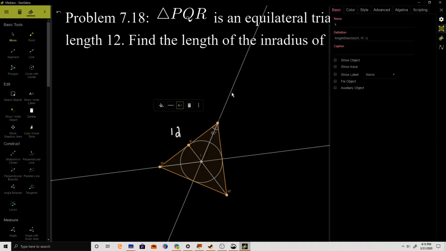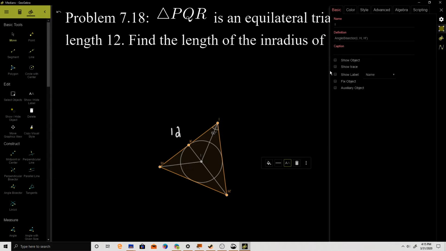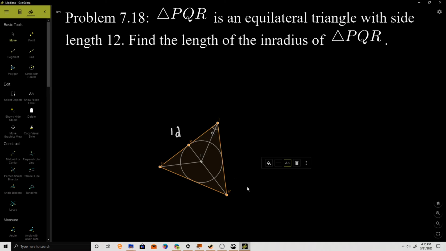We can just erase the extra lines, so we're left with just the lines we really want to pay attention to. So that is one of the radii of the circle, IK. We can create another radius, IL, and one more radius, IM.